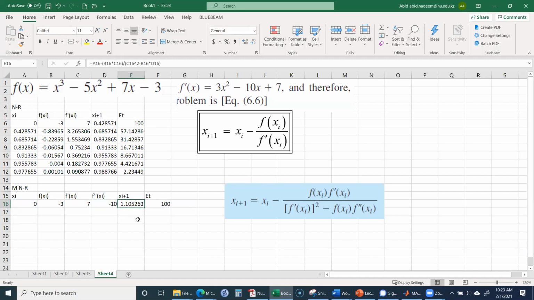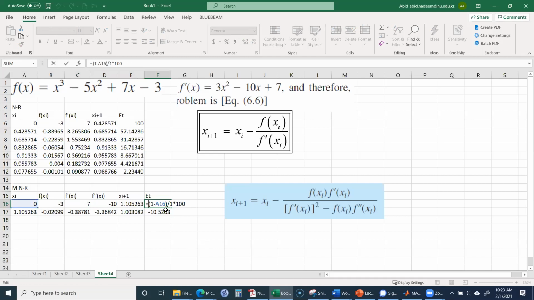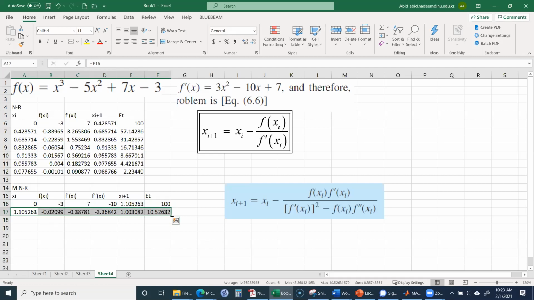For the next iteration it will be the same value as this, and now I calculate it. We should always take the absolute value for the percentage error so that other values are also positive.